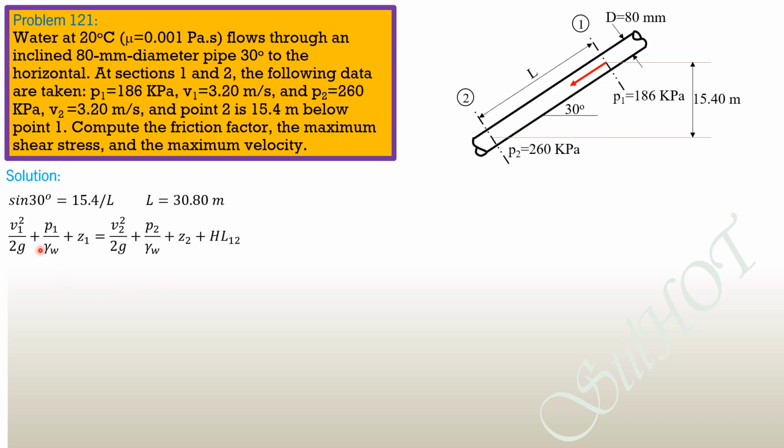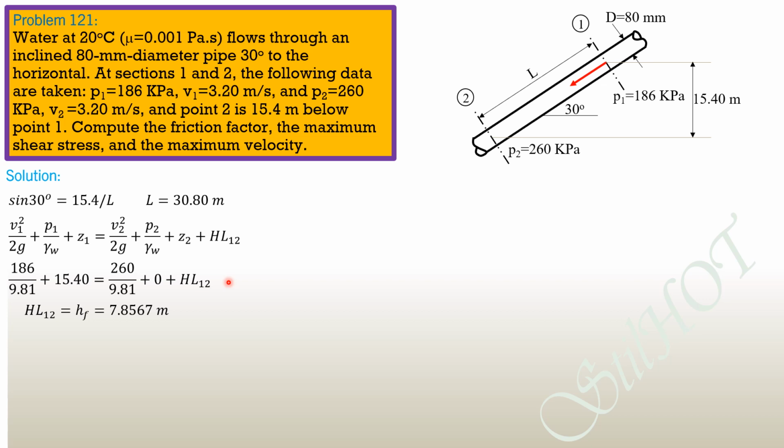Velocity heads at 1 and 2 are equal, so we can cancel them. Then pressure head at 1, which is 186 over 9.81, plus 15.4 equals 260 over 9.81 plus 0 plus head loss from 1 to 2. From here, we can compute the head loss between points 1 and 2, which is also HF, 7.8567 meters.